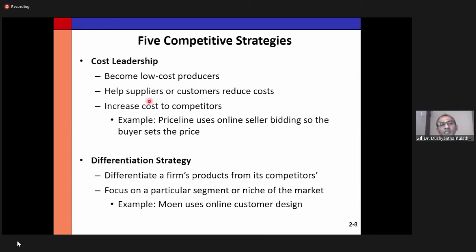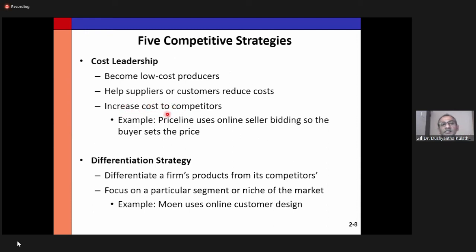And also increasing cost to competitors. Suppose you are a leading company and you can make certain technological investments, and you can afford to do it because you are a large company. But then the competitors will also be compelled to make the same investment.